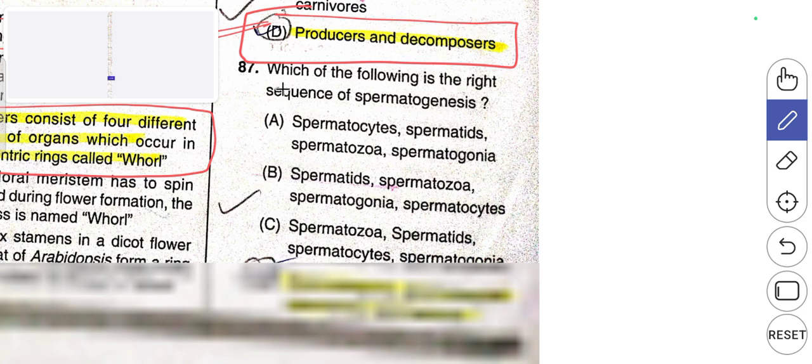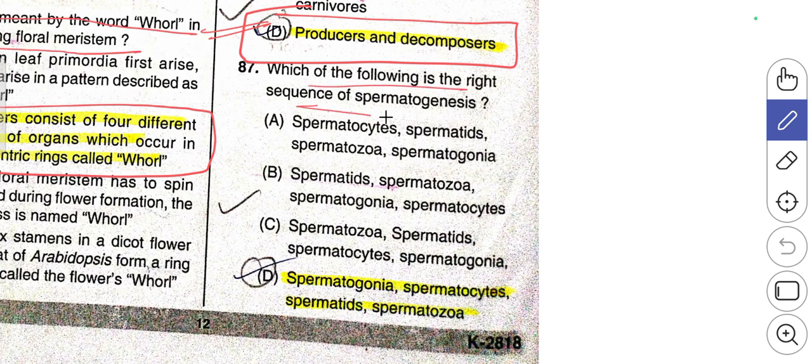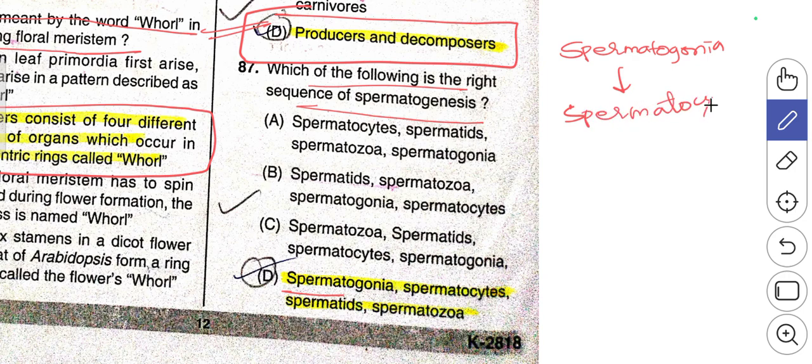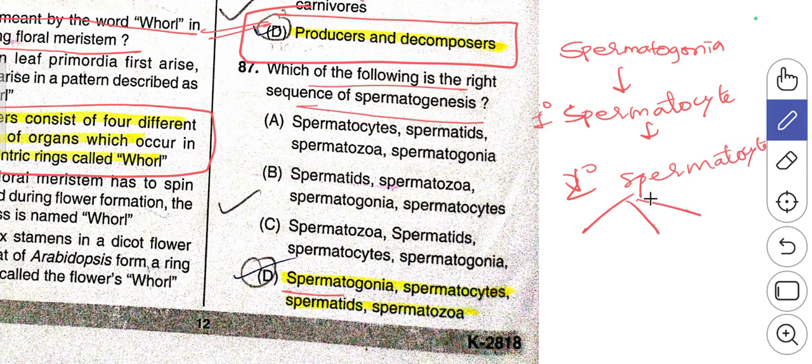Then 87th question: which of the following is the right sequence of spermatogenesis? The spermatogonia will form spermatocytes, that is, primary spermatocyte, then secondary spermatocyte, and they will produce the spermatids.